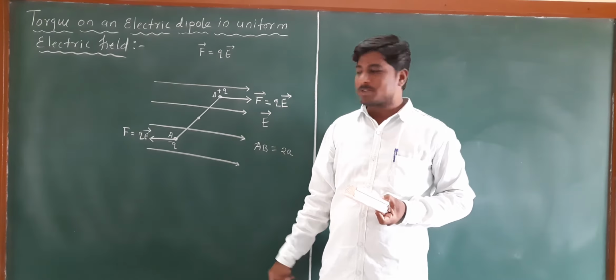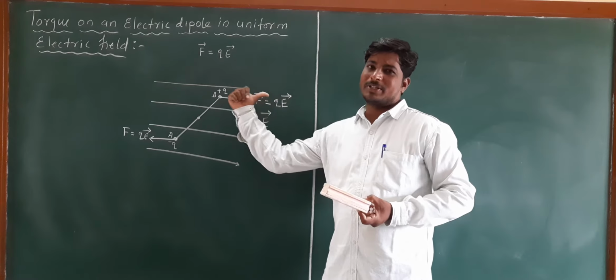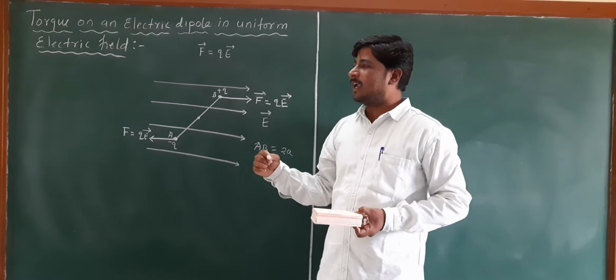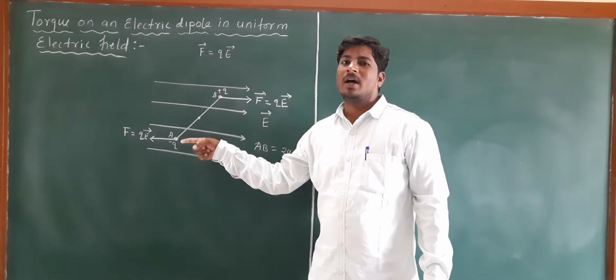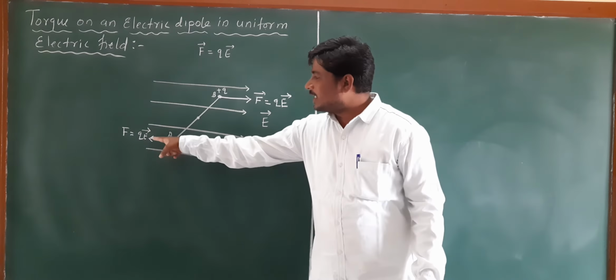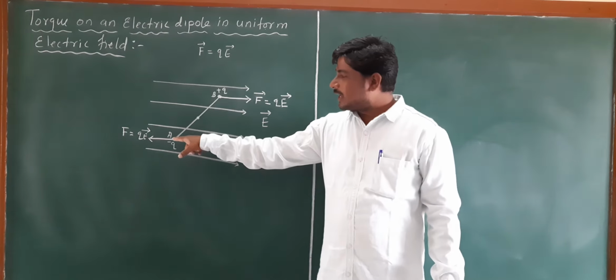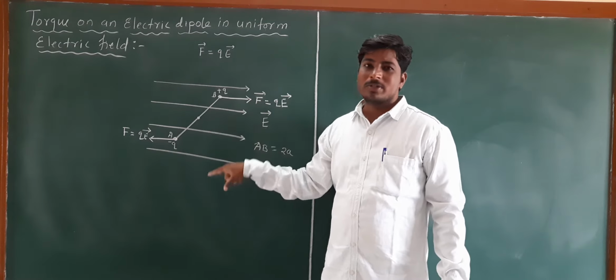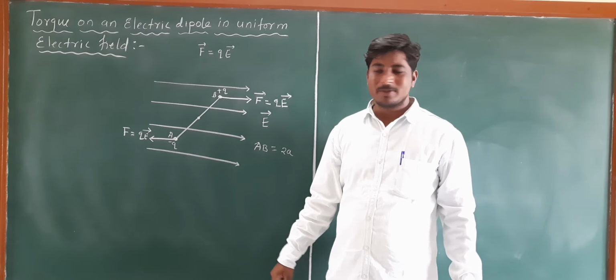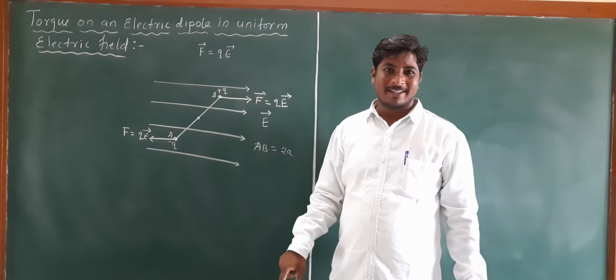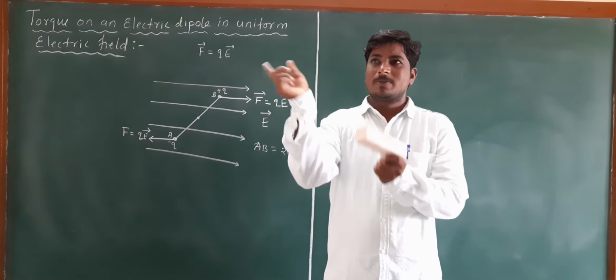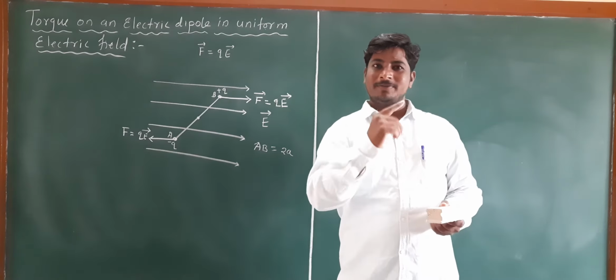One force is acting in the direction of the uniform electric field, and another force is acting opposite to the direction of the electric field. These are unlike parallel forces. So this is the dipole which is placed in the uniform electric field, and the forces are acting at these two points.